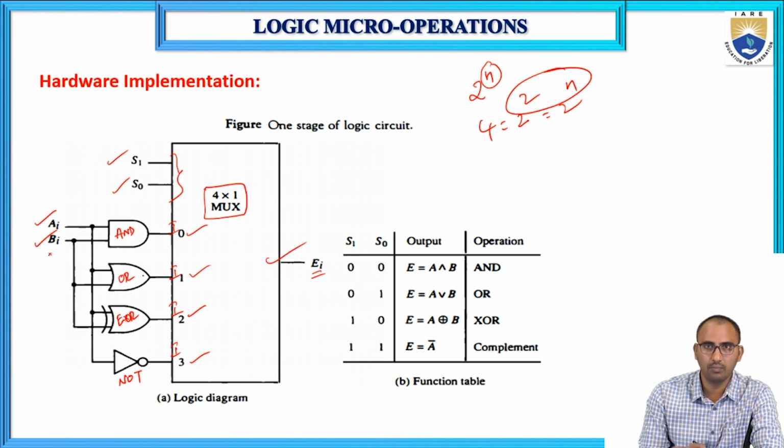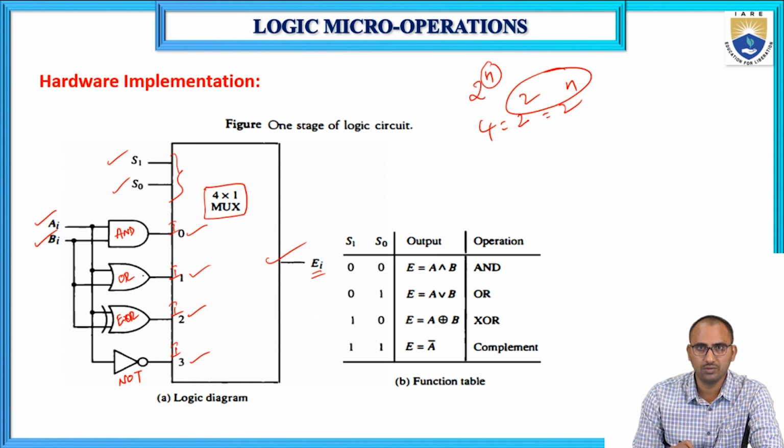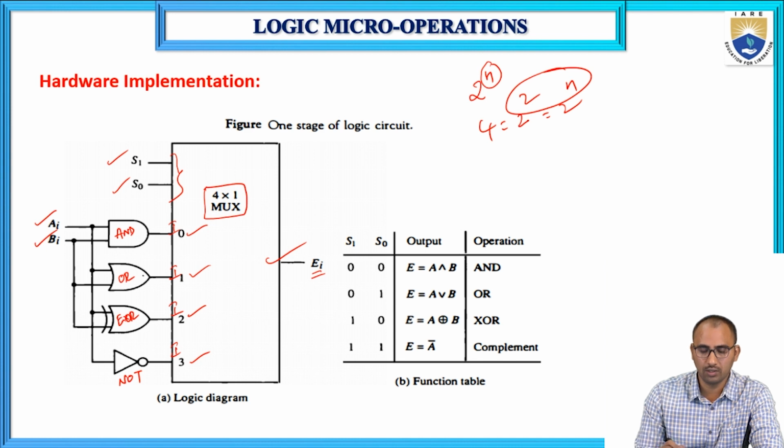All these inputs are applied to all the gates, so that according to the selection you will get the output. In a multiplexer, out of the four inputs, only one input will be connected to the output based on the selection inputs.